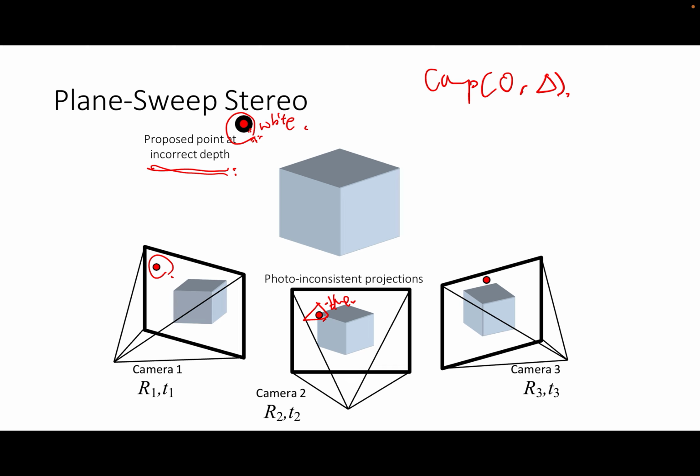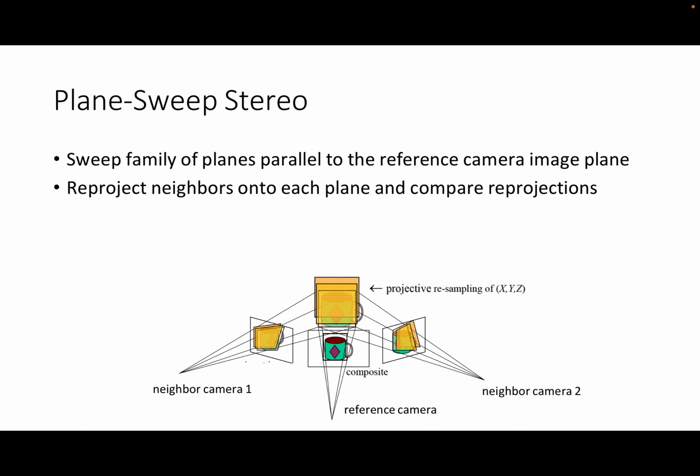So we need to change something. We need to change the plane. We need to change it to get the correct depth. So we sweep a family of planes parallel to the reference camera image plane. Here are P1, P2, P3. We sweep a family of planes parallel to the reference image plane. This is the reference image, right? And reproject neighbors. This is neighbor camera 1, neighbor camera 2, neighbors onto each plane, and compare reprojections.